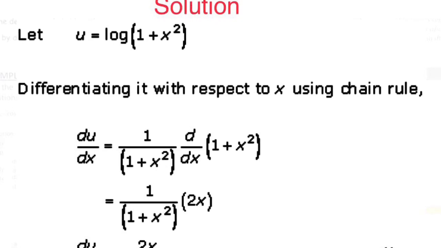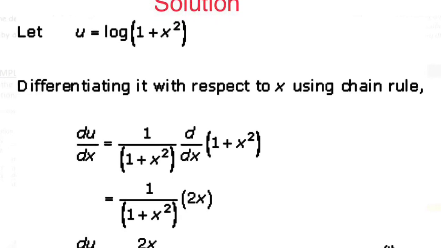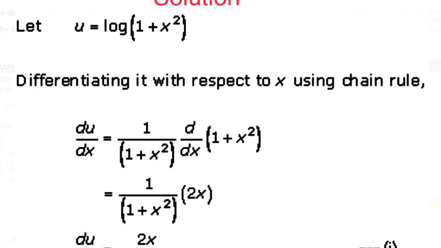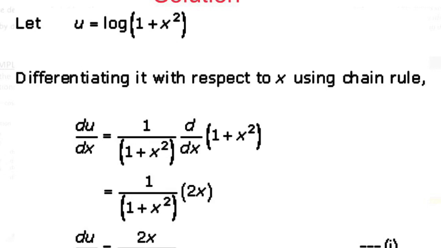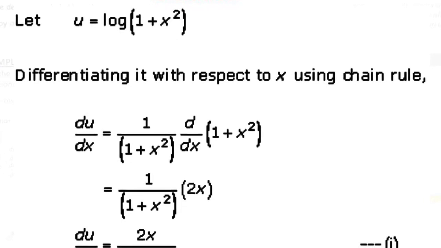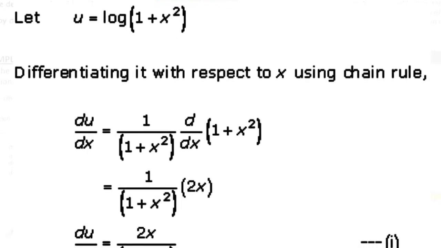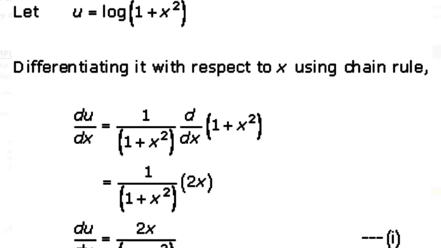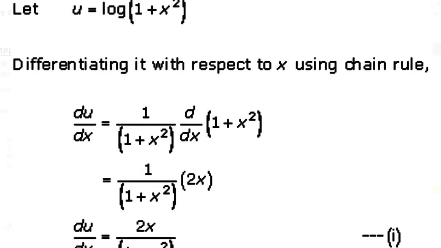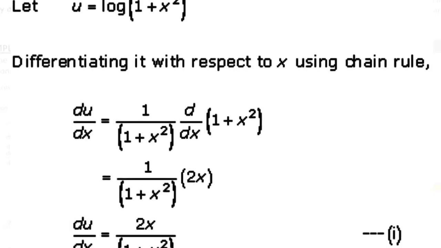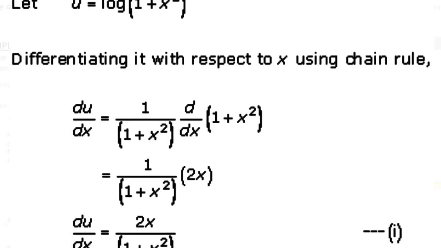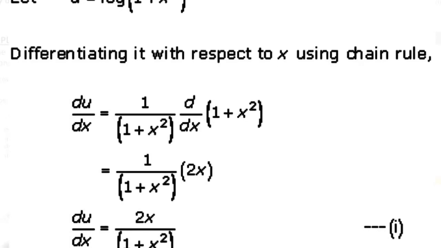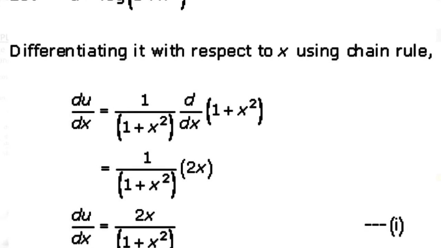Let u equals log of 1 plus x square. So in this 1 plus x square is acting as a box. So let's differentiate it with respect to x. We will get du upon dx equals 1 upon box into the derivative of box, that is 1 upon 1 plus x square into derivative of 1 plus x square.